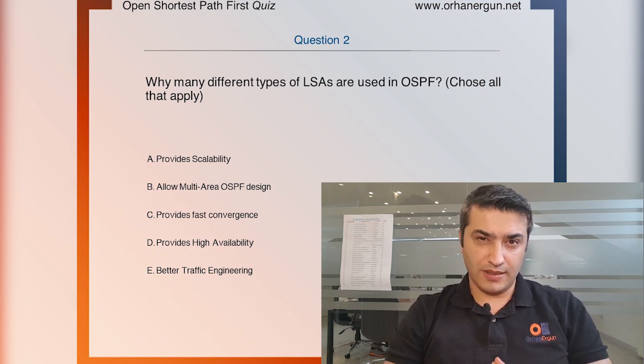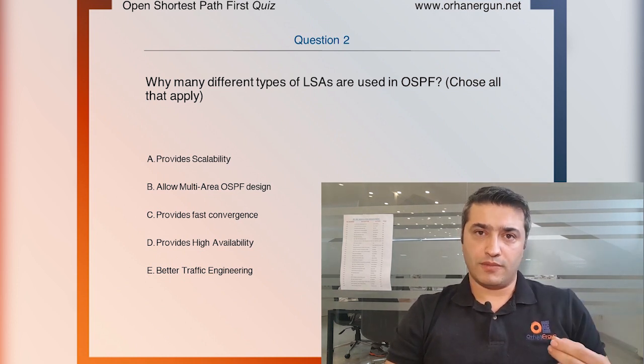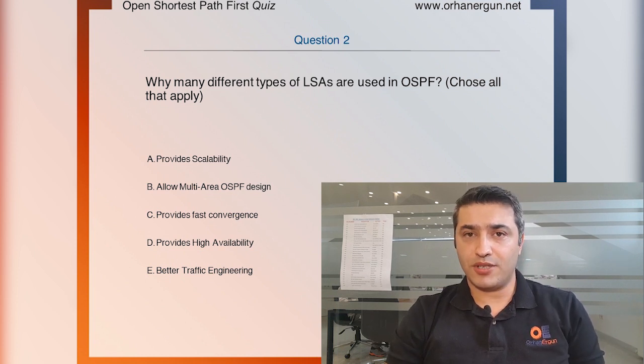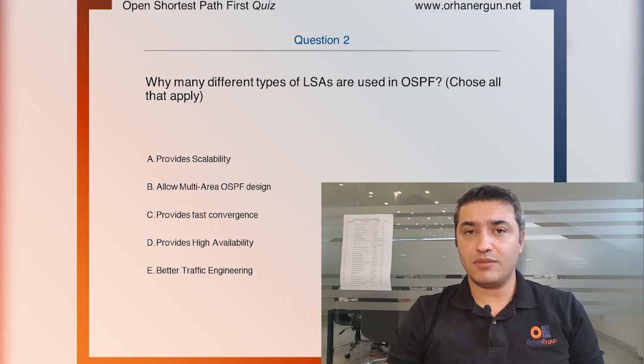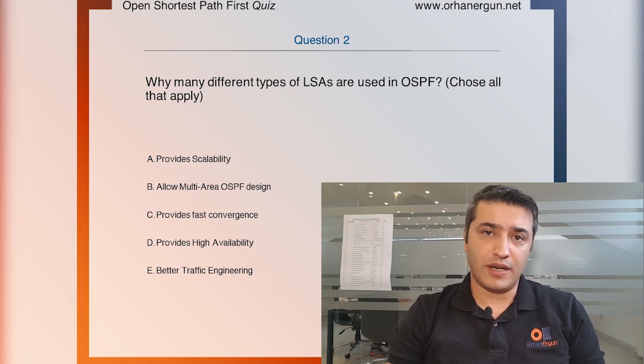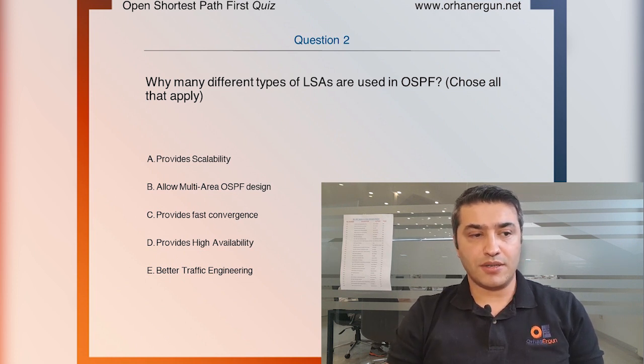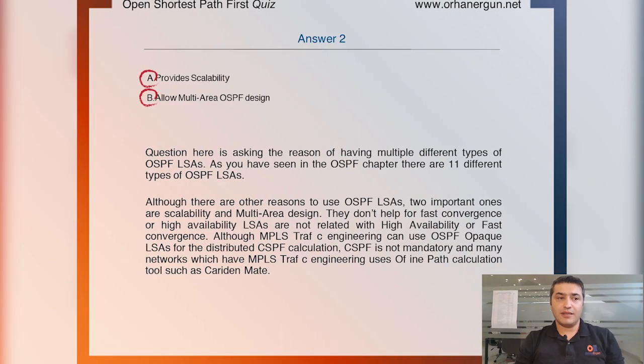One of the approaches for scalability is multi-area OSPF design, and it can be done with the different types of LSAs. That's why the answer here is provide scalability and allow multi-area OSPF design. We want to have multi-area OSPF design because it provides scalability. That's why two of them are the correct answers.